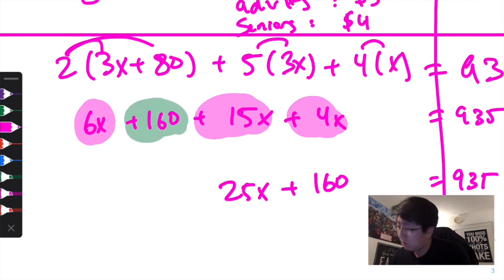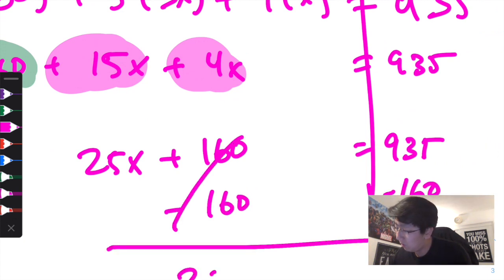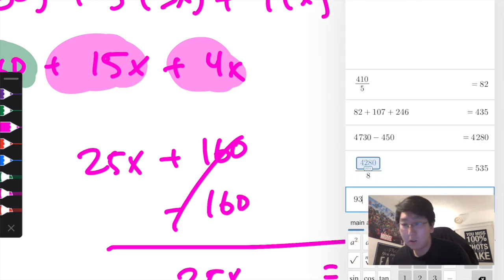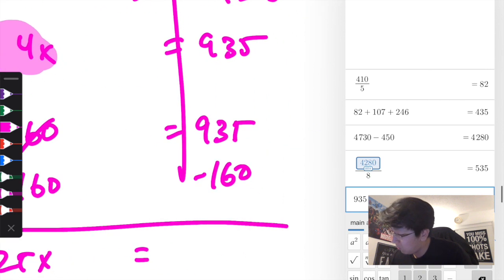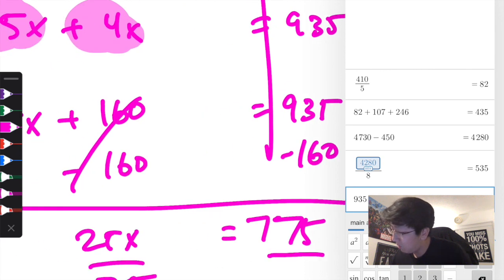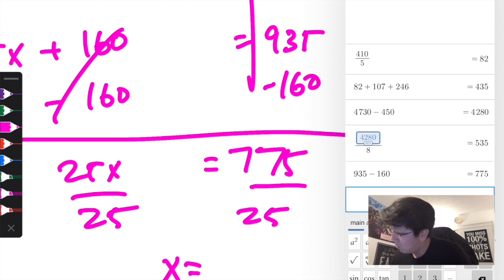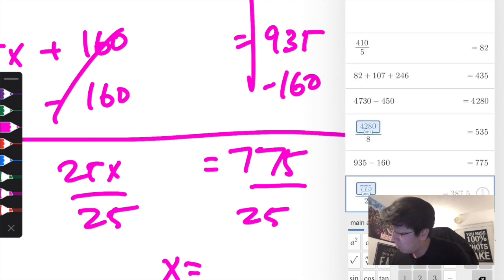Subtract 160. 25x equals 935 minus 160, which equals 775. Divide both sides by 25. x equals 31.